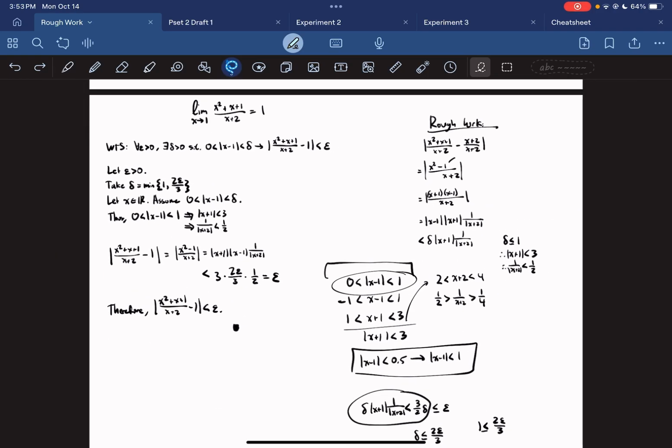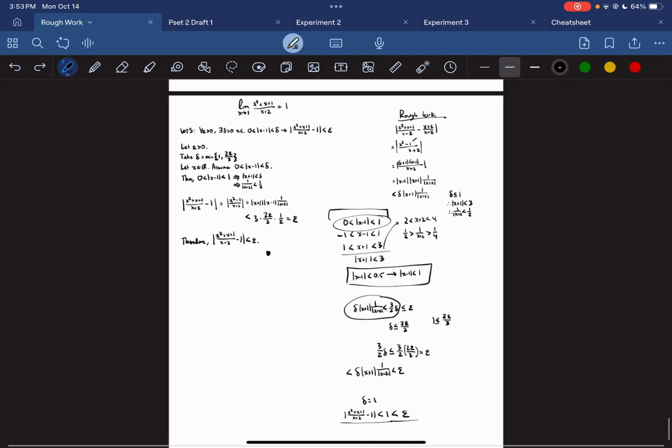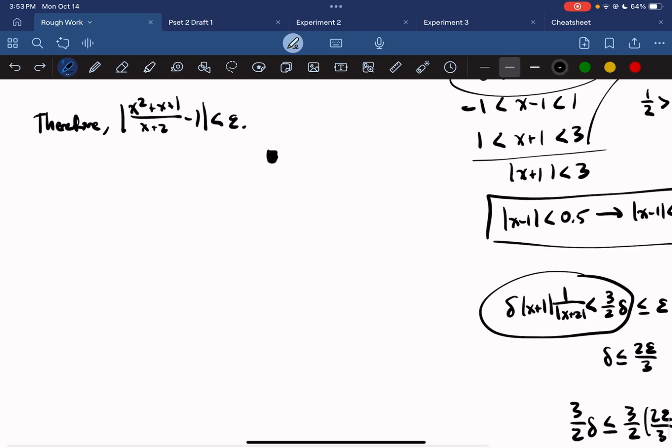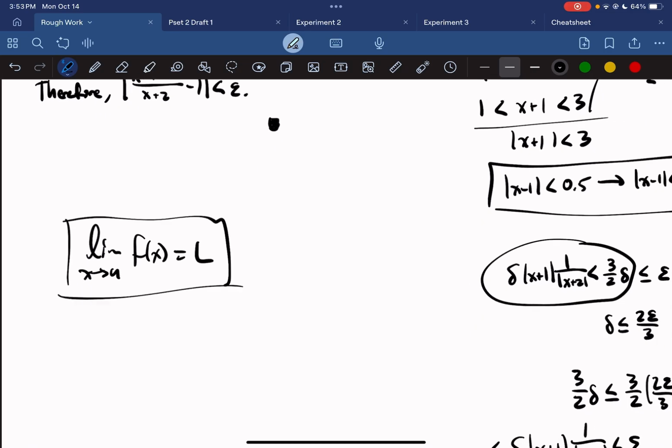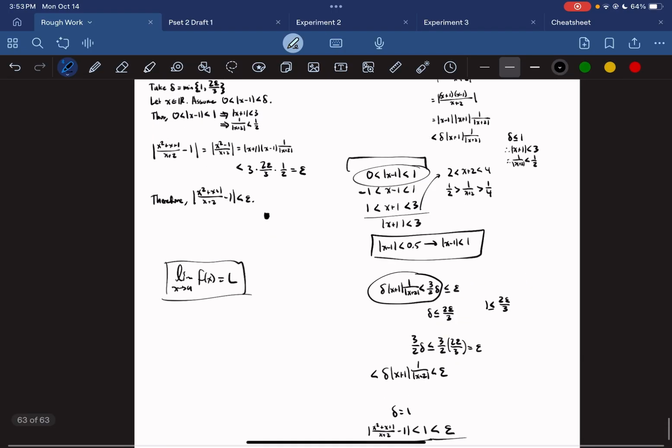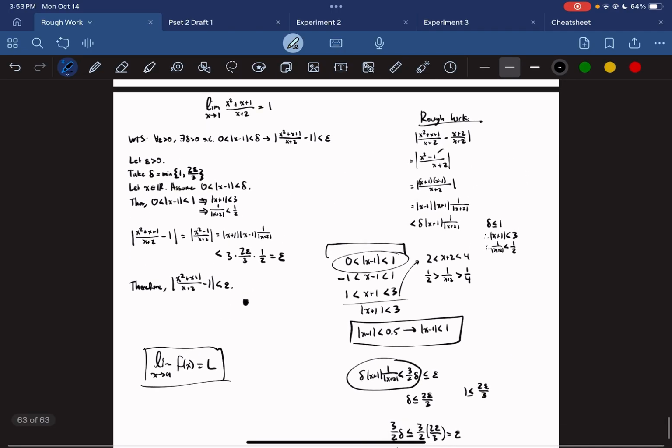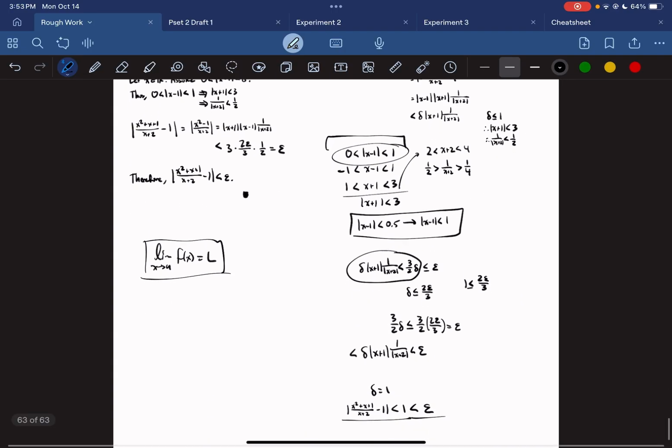In the future, I will be making videos on proving more limits. Remember, this is what I like to call the vanilla epsilon delta proof, which is just as x approaches a of some function is equal to L. This is one of the easiest epsilon delta proofs you can do. So this is like the first stepping stone that you need to really understand before you tackle anything bigger.